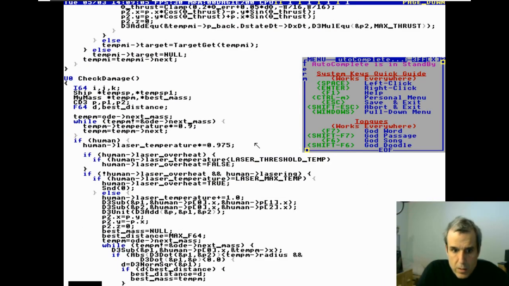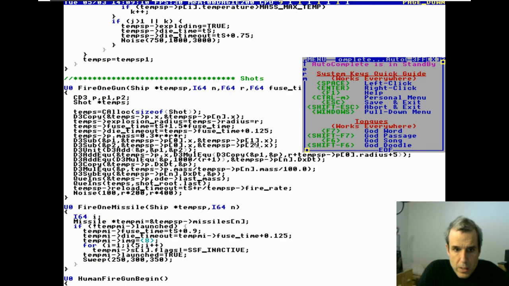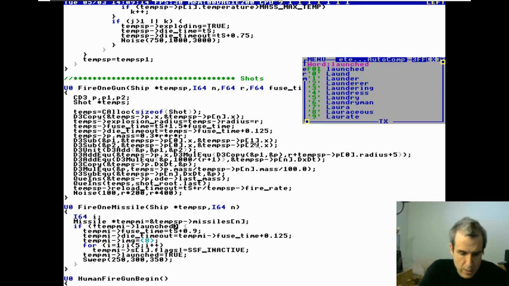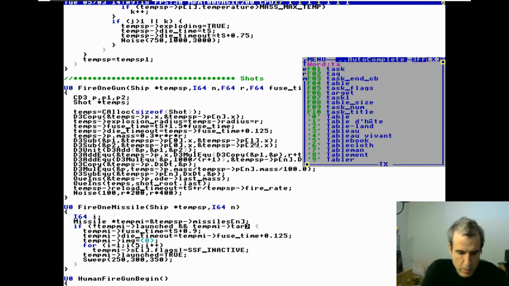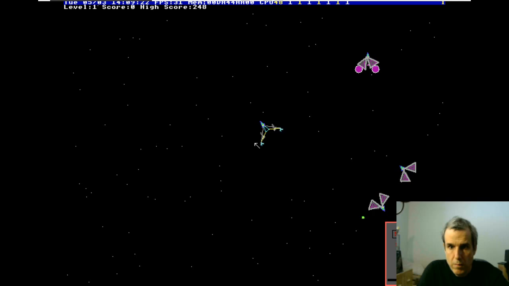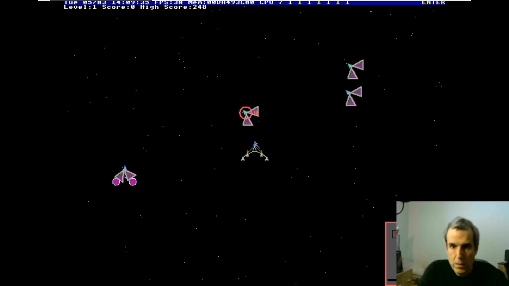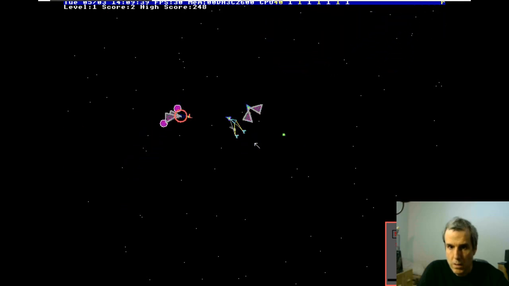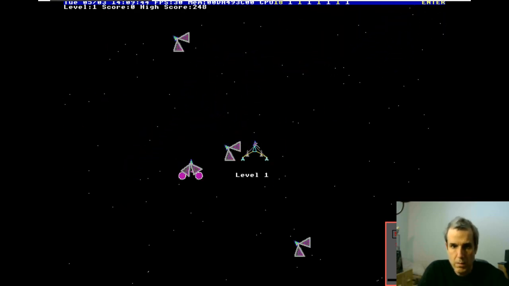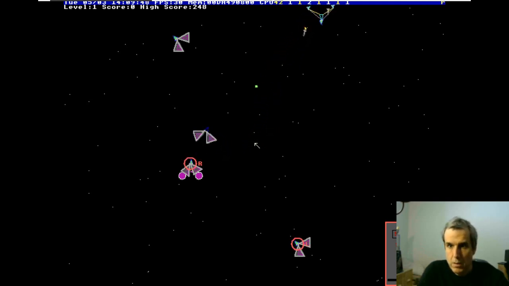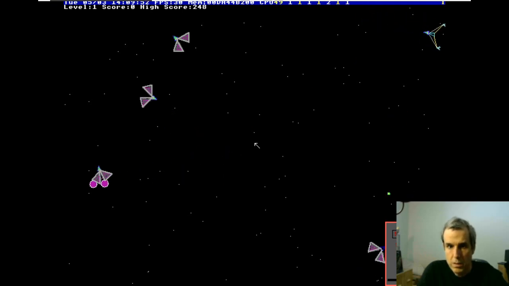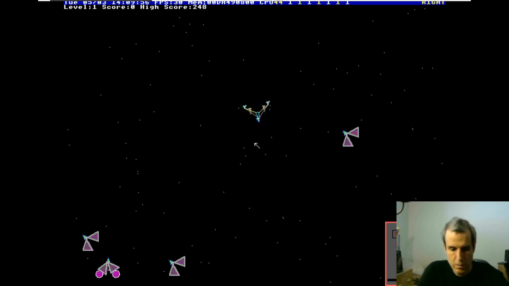Only if it has a target do we launch. Fire one missile. Not launched. Space one.